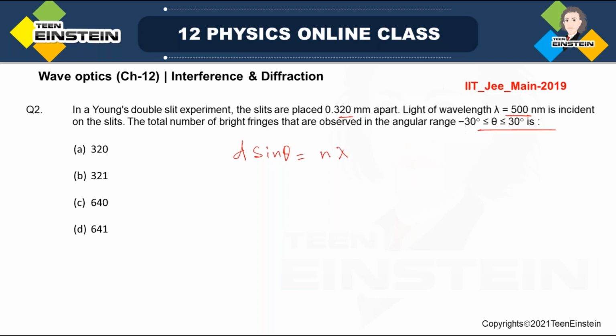This is constructive interference. Here the slit separation is D, so I'm writing D, or you may write 2D also. So d sine theta is equal to n lambda. N is the nth order fringe. This n is the order of the fringe.